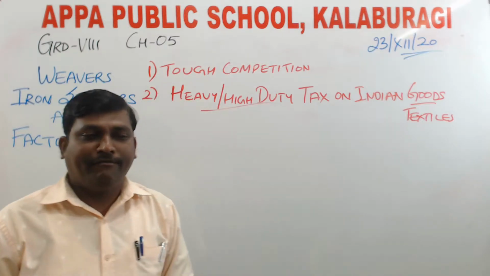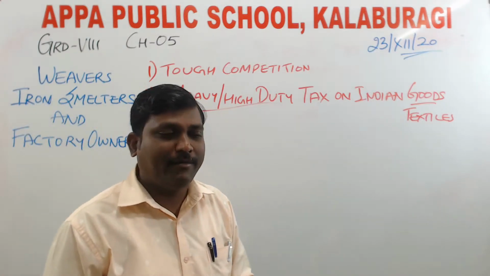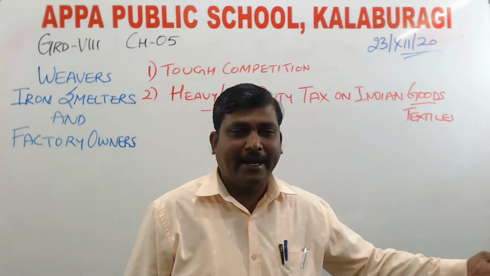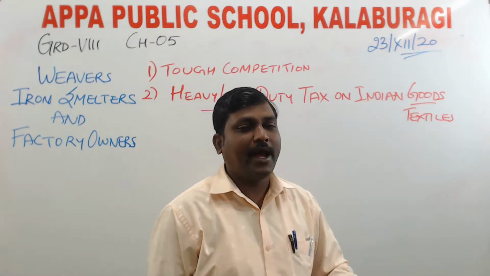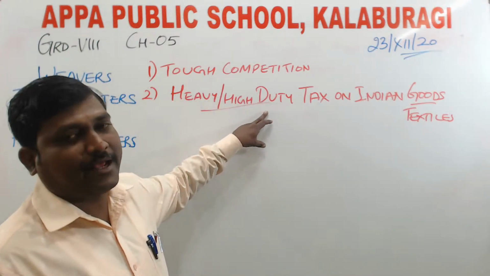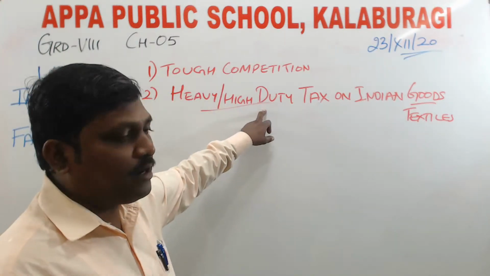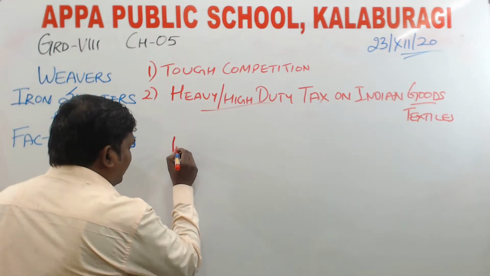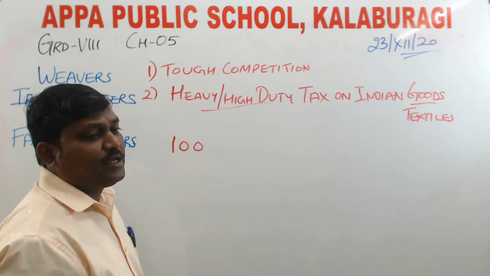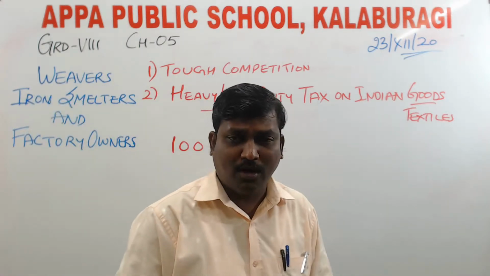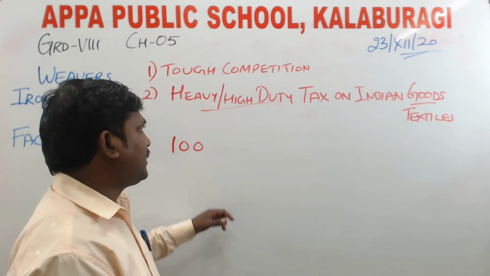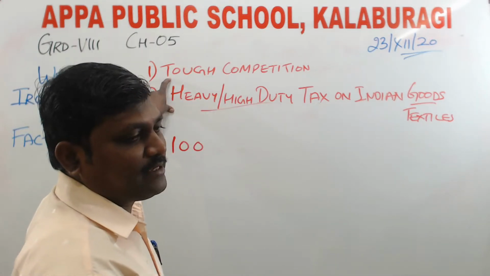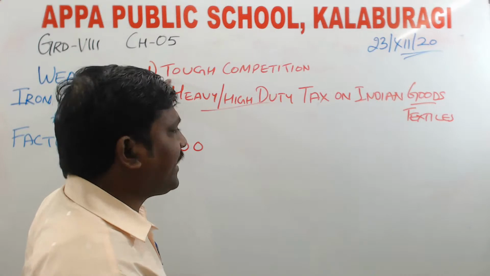It means if a good which has been sent from India, a textile which has been sent from India to England, if they want to sell in England, they have to pay a tax to the government of England. It means earlier the tax was very small, but after the industrial revolution, they started imposing heavy duty taxes on the Indian textiles.